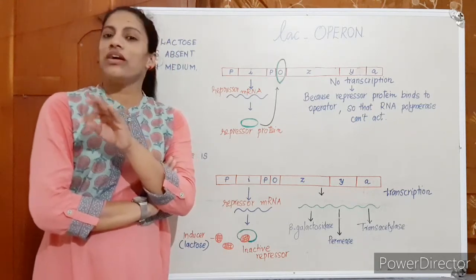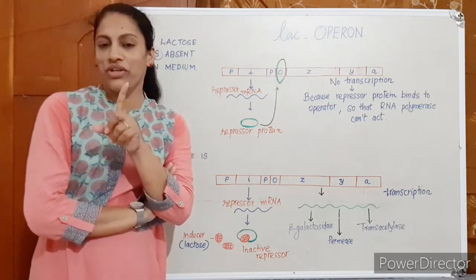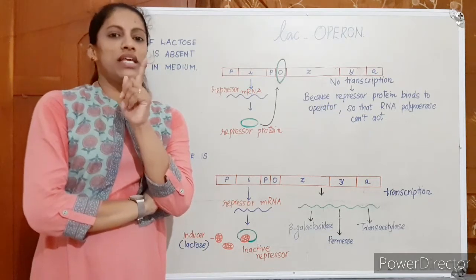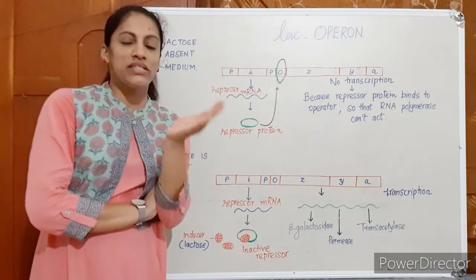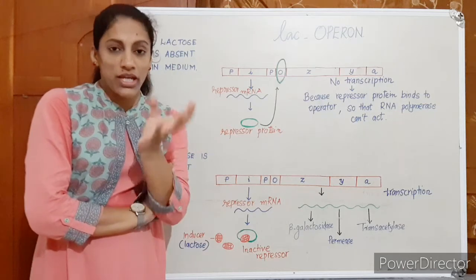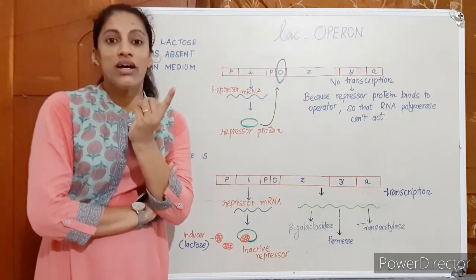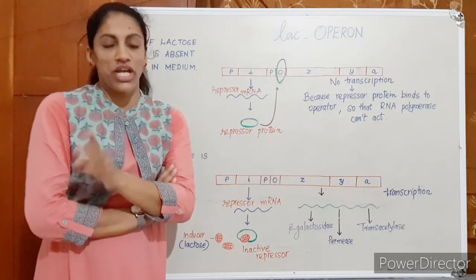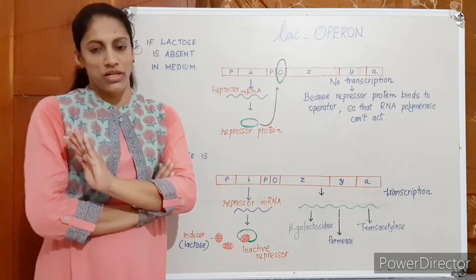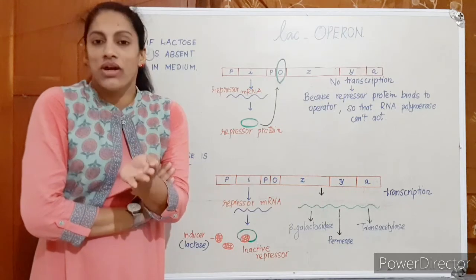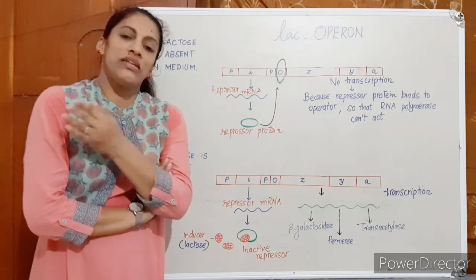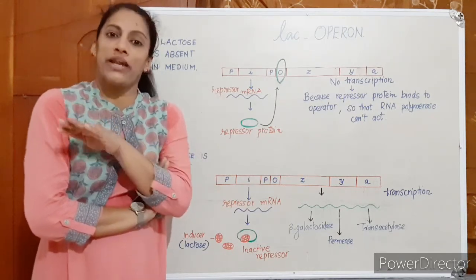Before moving to the operon, I have given you an idea. See, if lactose is present in the surrounding medium, then only the bacterium E. coli requires the transcription in order to metabolize lactose. If lactose is not available, the synthesis is not necessary, it can be blocked.